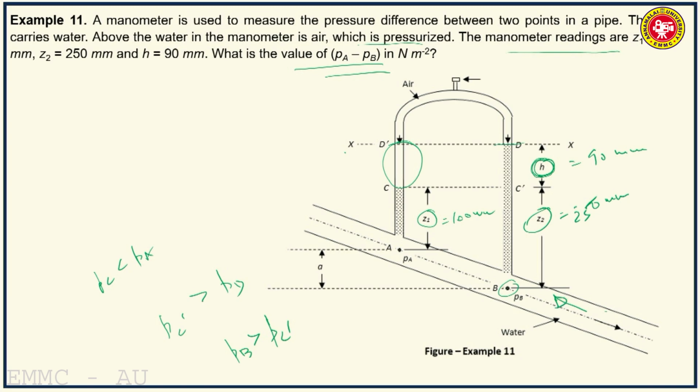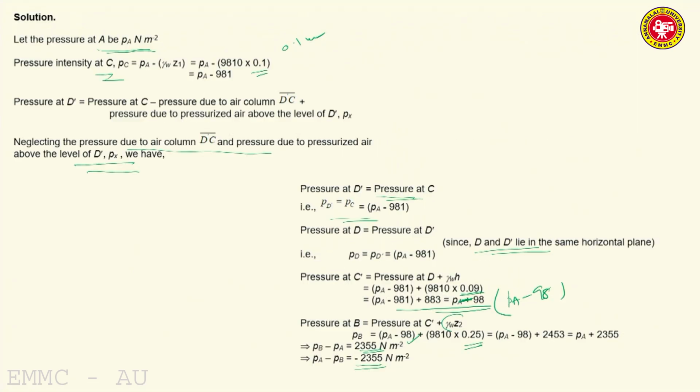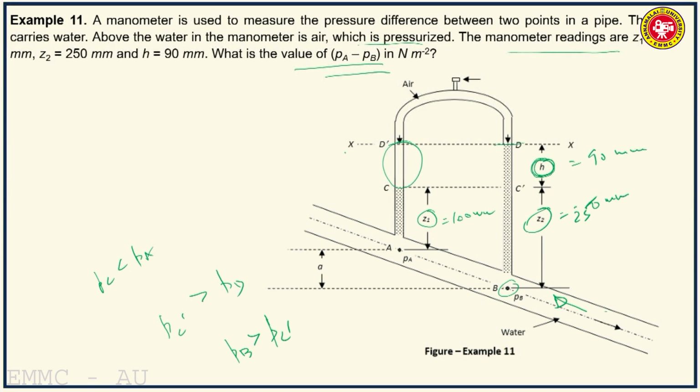So, we assume that the flow was from A to B and we started from A and developed the manometric equation, and when we worked out PA minus PB, we are getting it as minus 2355 Newton per meter square. That means the pressure at A is less than pressure at B. That means what? The flow direction is not from A to B, it is from B to A, that is in the upward direction. This is the flow direction.